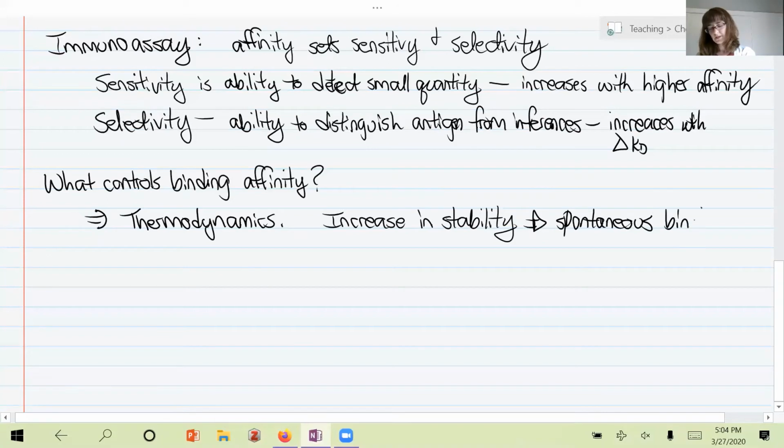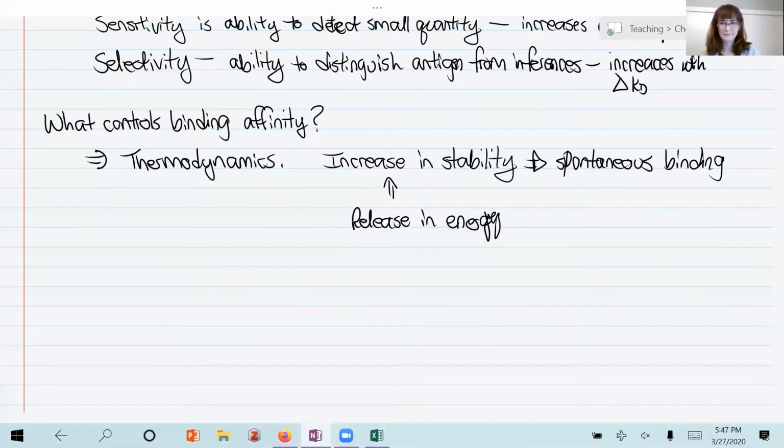Okay, so we have to have a release in energy. All right, so for the reaction to be spontaneous, we require that the change in energy, which we're going to call the Gibbs free energy, is less than 0. And so that's what's required to have spontaneous binding.